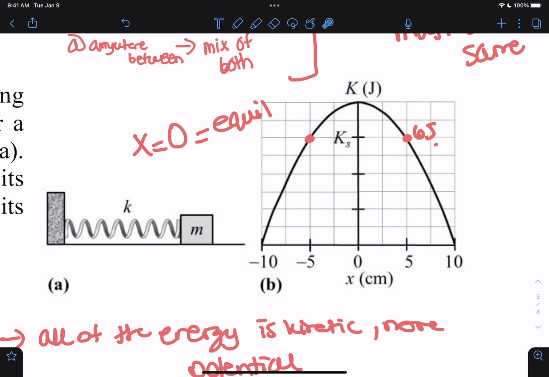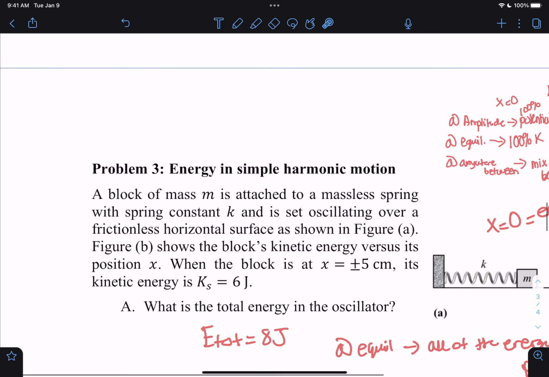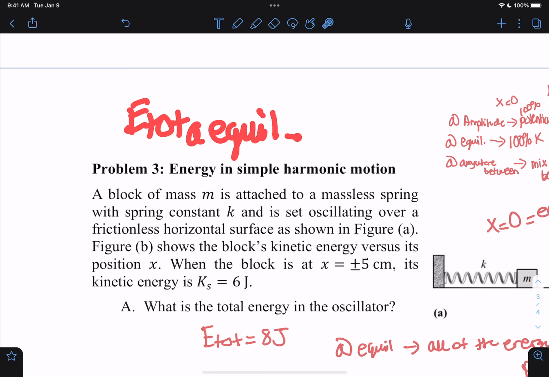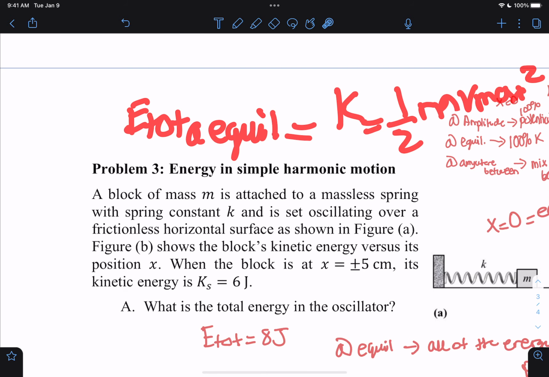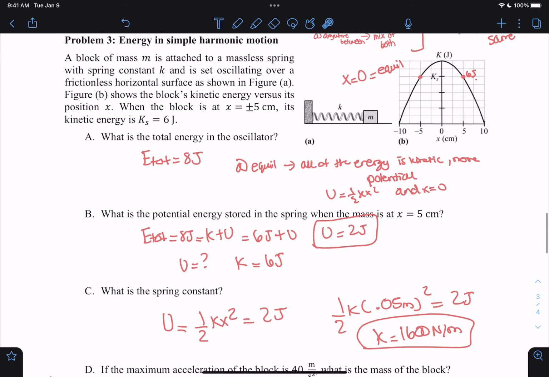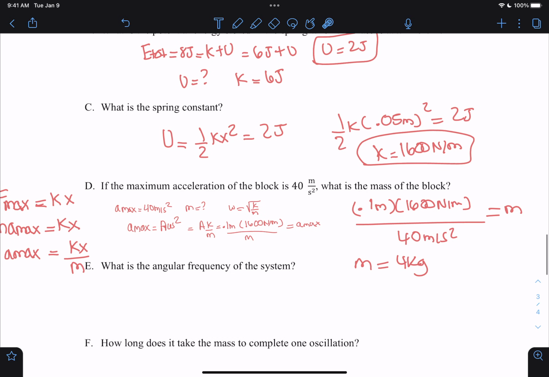I'll reach my maximum speed at the equilibrium position. And so that's why E total at equilibrium is going to be K, that's half m v max squared. Does that make sense?